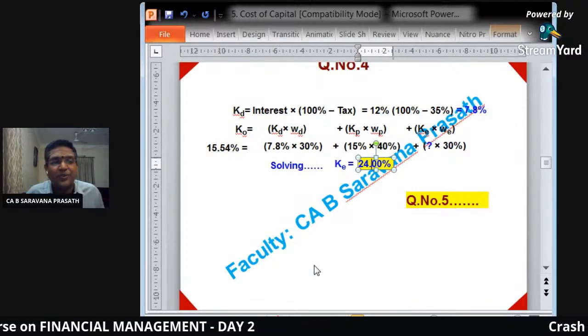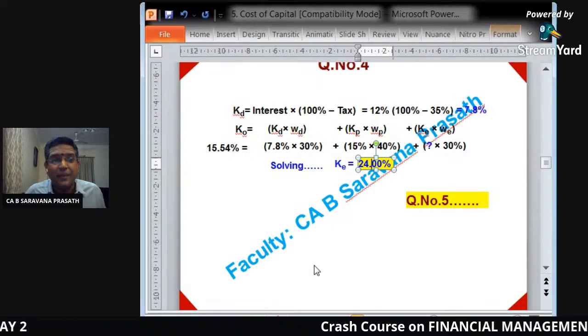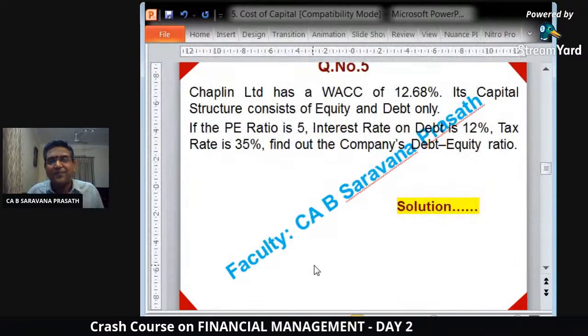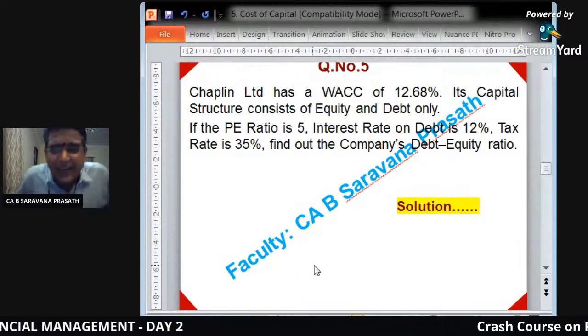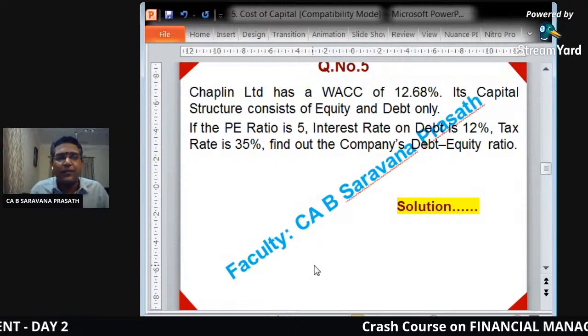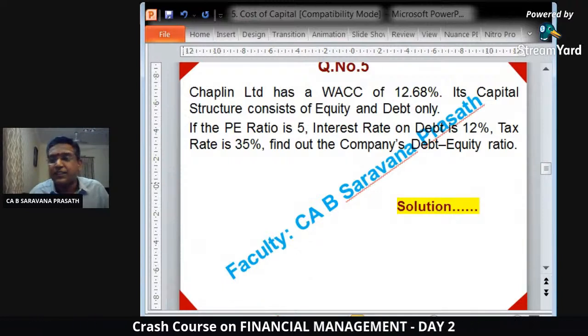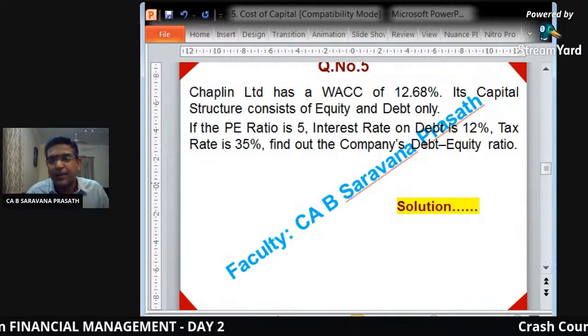Now let's move on to the application of the formula pertaining to cost of capital in one more question. A very simple question. Chaplin Limited has a weighted average cost of capital of 12.68%. Its capital structure consists of equity and debt only, 2 items, no preference share capital.